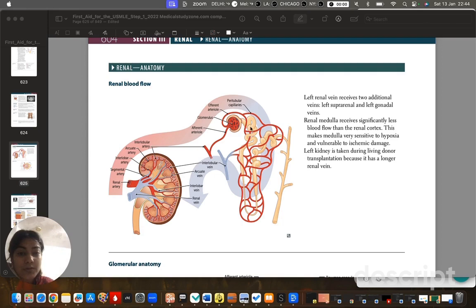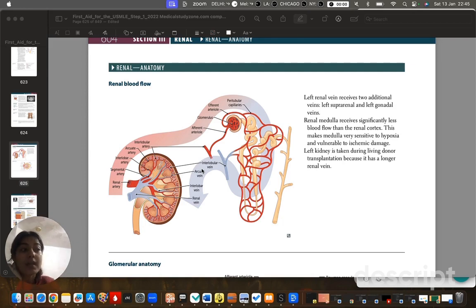So it's all crucial. Look how twisted it all is coming together, and then it comes out again in a vein system, comes back to the renal vein and goes out again into the IVC. Oh, look, it says here, left renal vein receives 2 additional veins: the left suprarenal and the left gonadal vein.